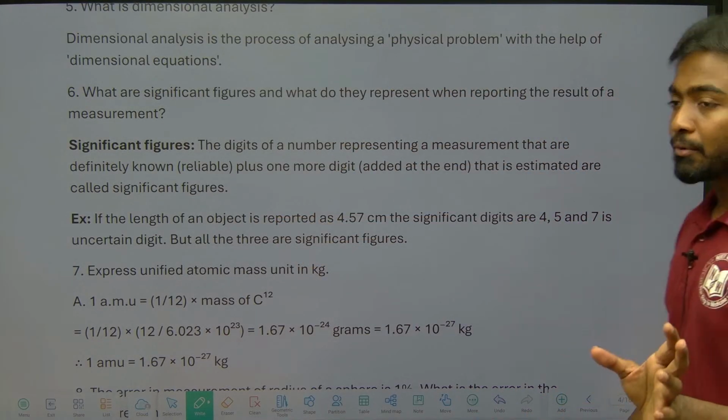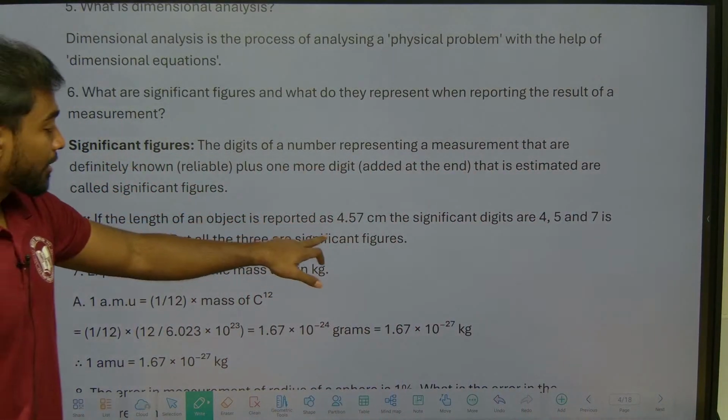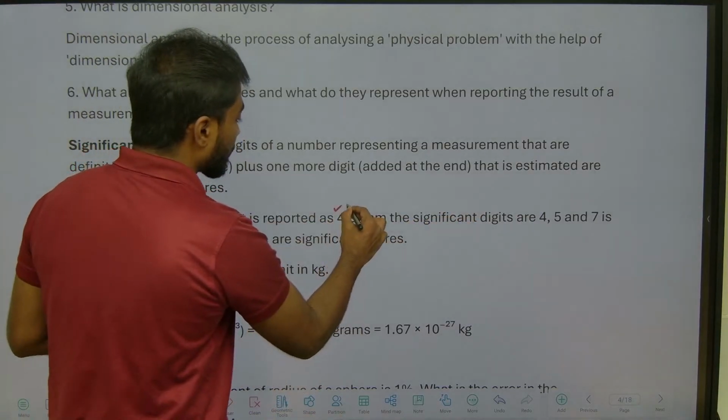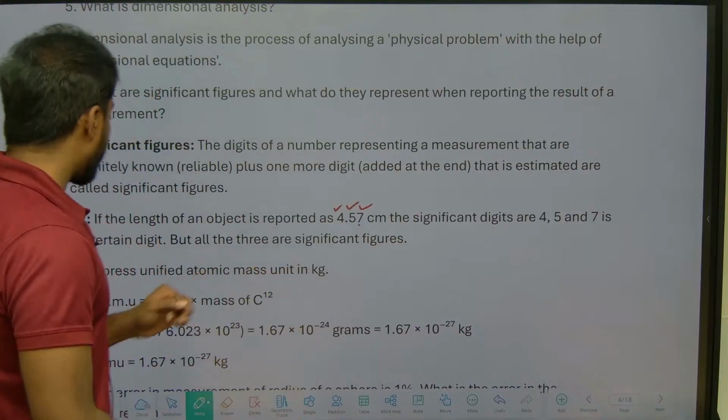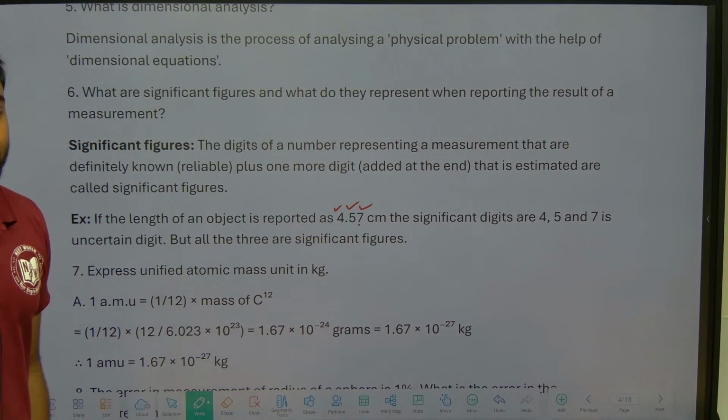For example, if the length of an object is reported as 4.57 centimeter, the significant figures are 4, 5, 7. How many? 3. One is an uncertain digit, but all three are significant figures.